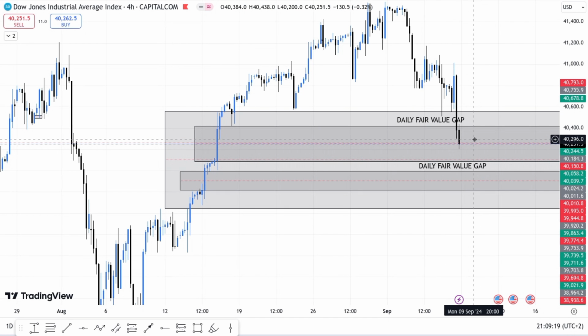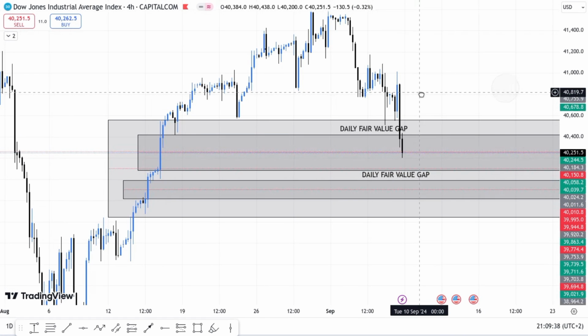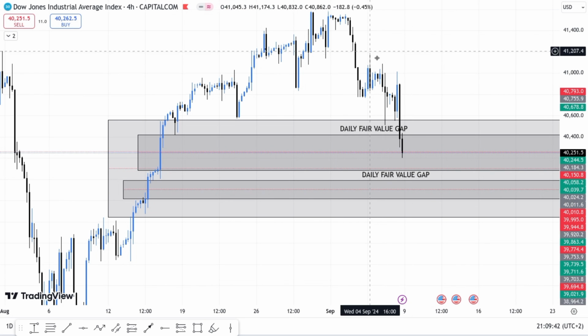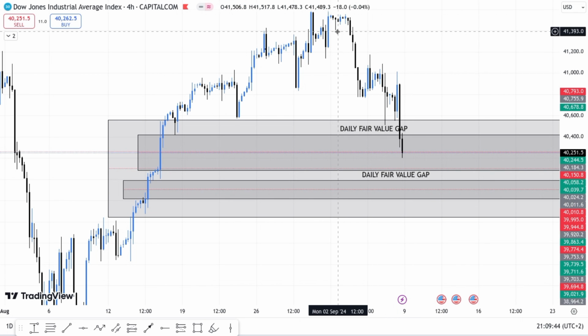Because of the upcoming news, the market might not be very volatile; the volatility usually happens during the news. So hopefully we can get a little push lower into the fair value gap and then rejections, and maybe on Tuesday a move to the upside to take out this buy side liquidity over here and this buy side liquidity over here.